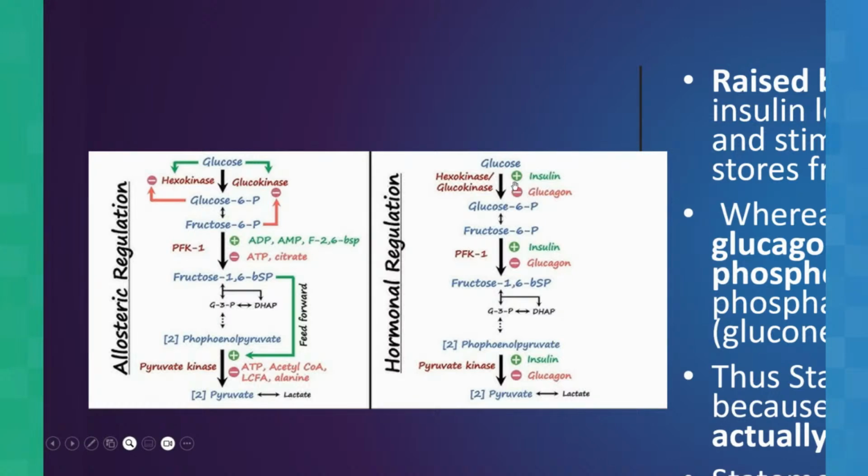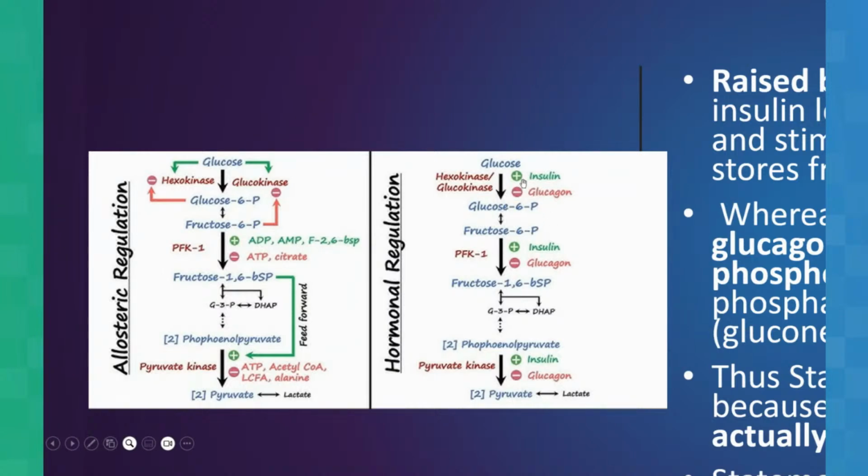So the first reaction, hexokinase glucokinase, is inhibited by glucagon, because if glucose is less, you don't want glycolysis to proceed. In fact, whichever regulatory enzymes are there, if glucagon is there, these enzymes will not be activated, because simple concept, if glucose is not there, you don't want glycolysis to proceed.